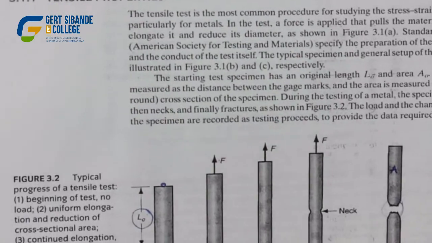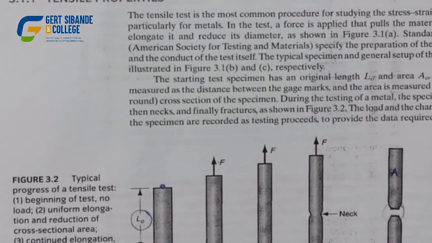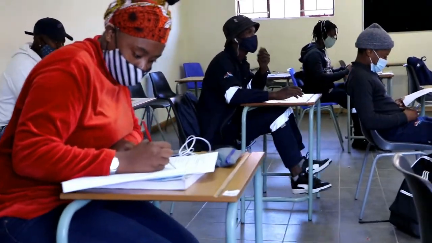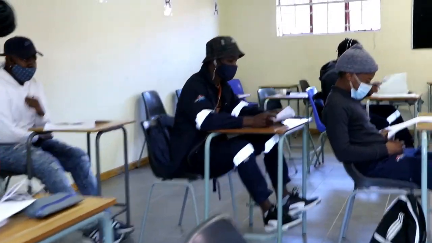So I have a quick example that I want us to go through, in relation to the information that I've just displayed. I'm going to do a typical example coming from one of the questions in the book.